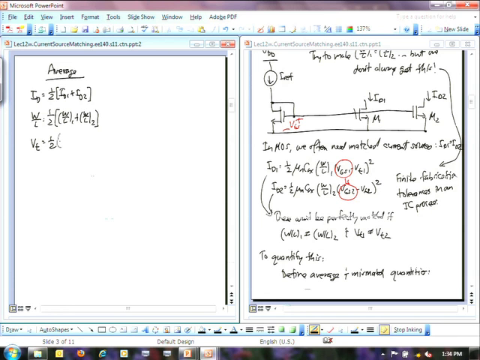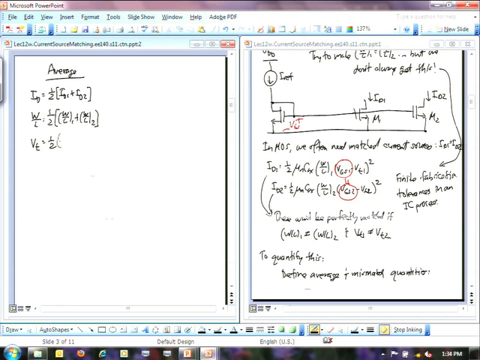It pretty much works out that way; you can do the math in your head right now. At the same time, I can express ID2 as being equal to ID minus delta ID over 2, and so on and so forth for all the other quantities.